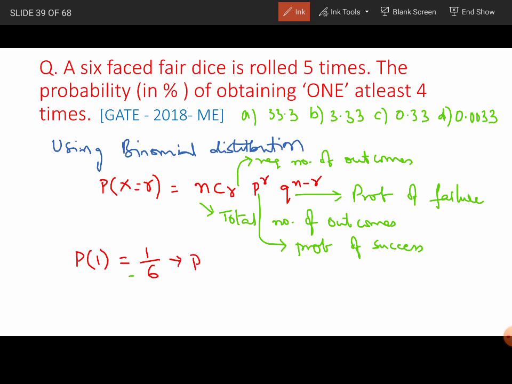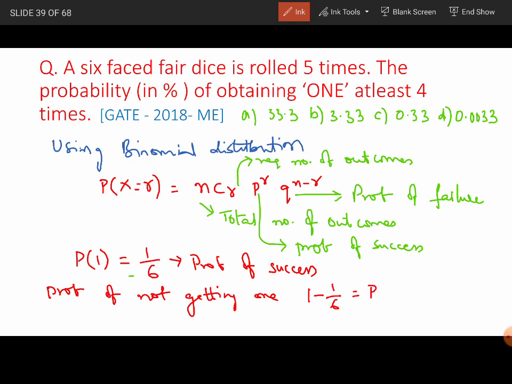So this is the probability of success. And what is the probability of not getting 1? Nothing but 1 minus 1 by 6, which is your P bar, or you can also say it as Q, which is the probability of failure. 1 minus 1 by 6 is 5 by 6.